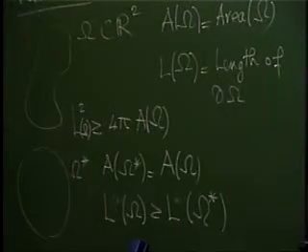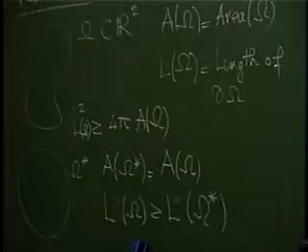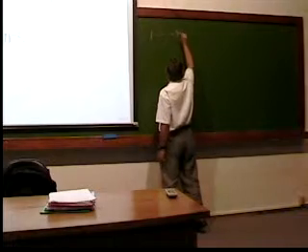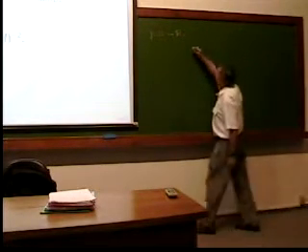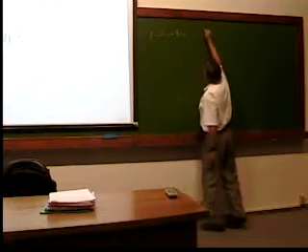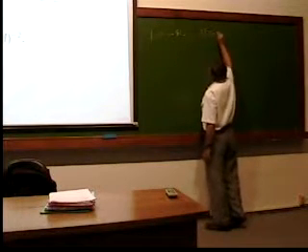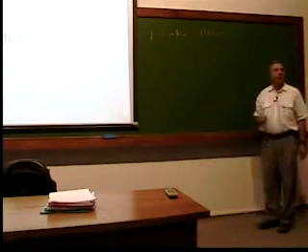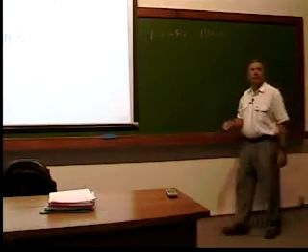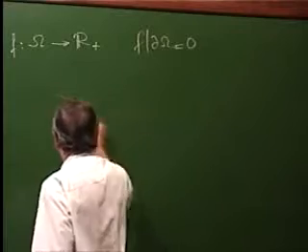So now assume that you have a function, let's assume that the function takes non-negative values, and f is 0 on the boundary. So I'm looking at the level sets of the function.